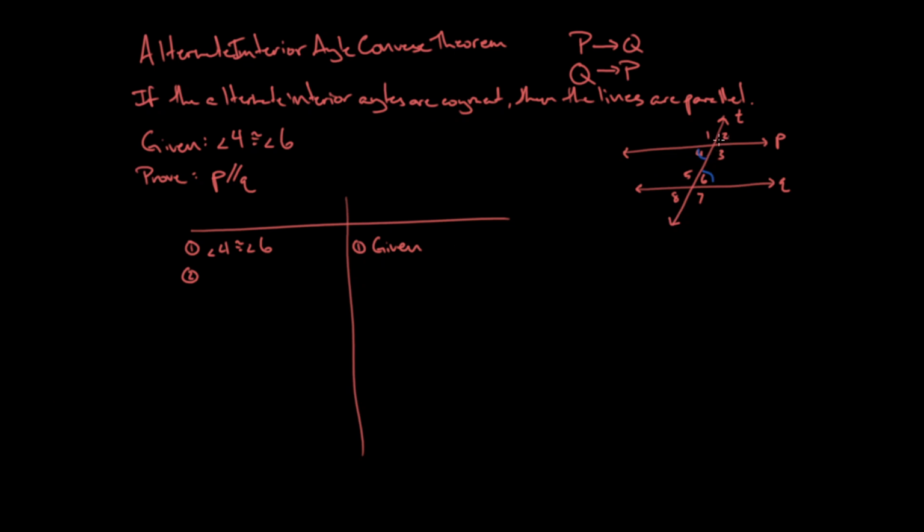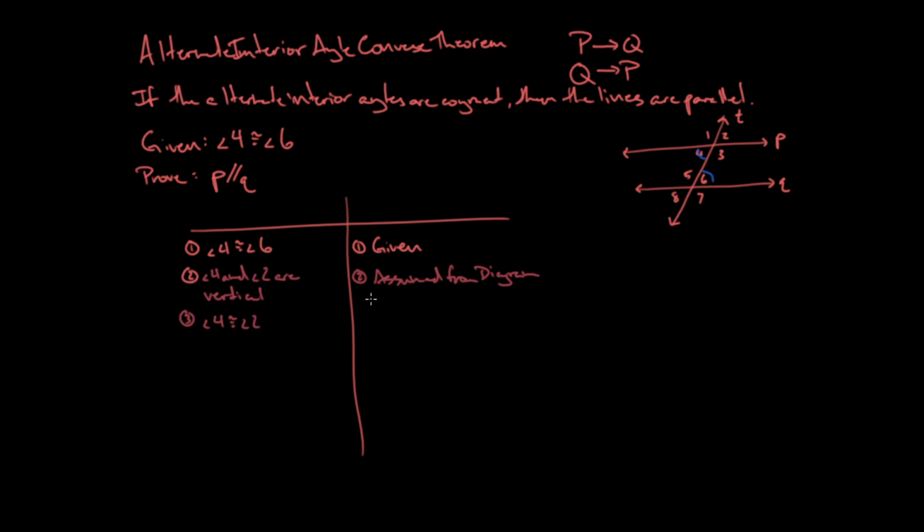So I'm going to start by saying that angle 4 and angle 2 are vertical. This will be assumed from the diagram, not given. And then I will immediately say that angle 4 is congruent to angle 2.